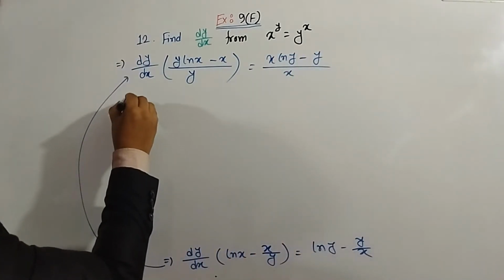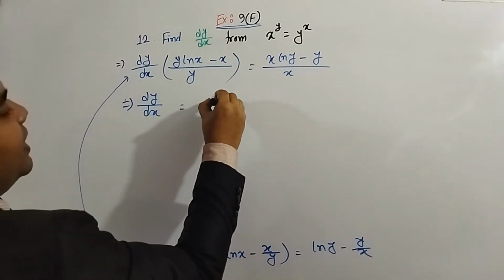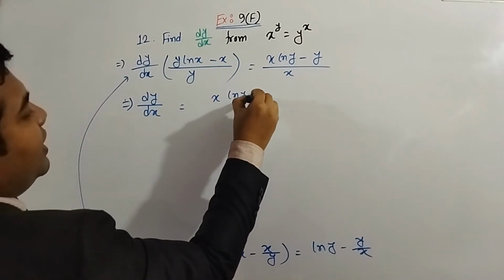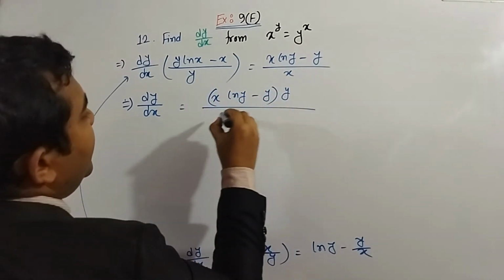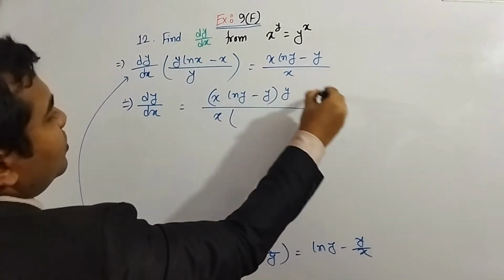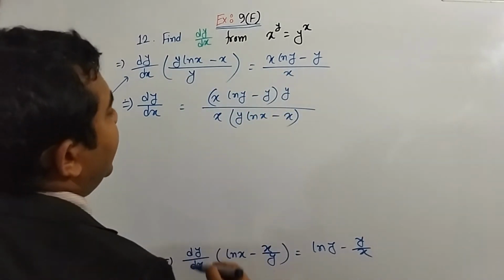Now our dy/dx should be (x ln y minus y) into y divided by x into (y ln x minus x).